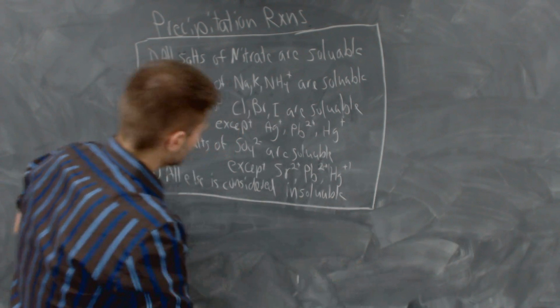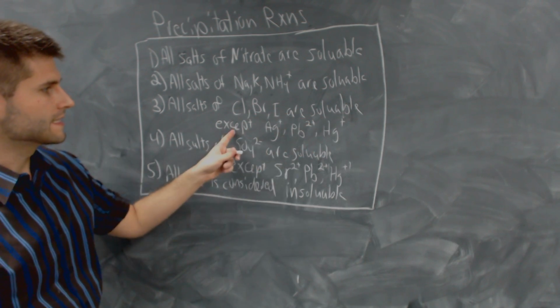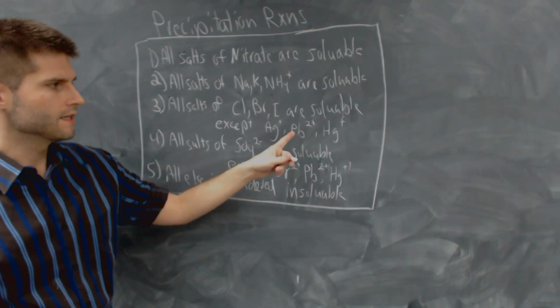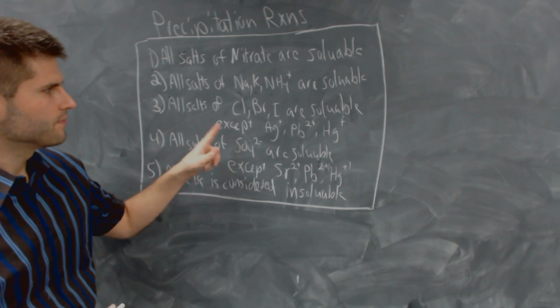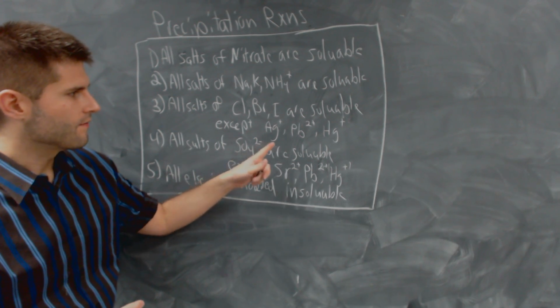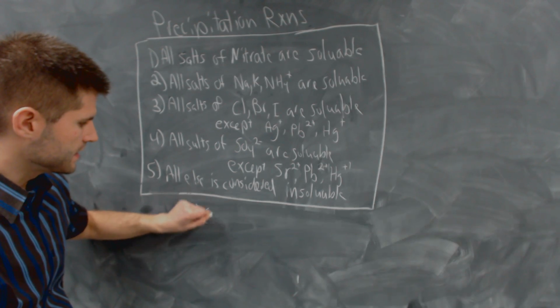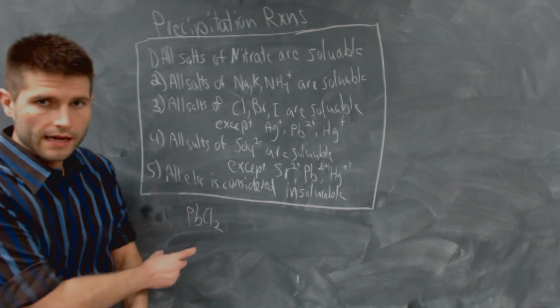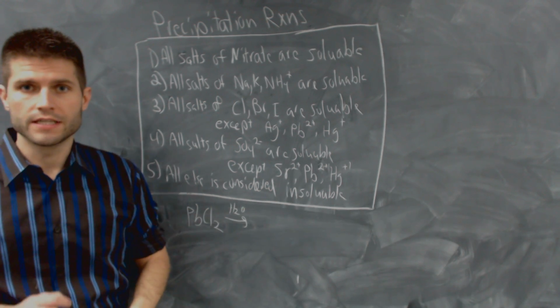Great. Third one, all salts of chlorine, bromine, iodide are soluble except for silver 1, lead 2, and mercury 1. This is the first time that we see this except. So what that means is if I have a lead 2 chloride, PbCl2, that's lead 2 chloride, and I put this into water, nothing is going to happen.